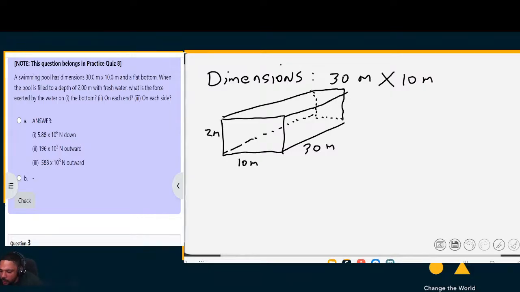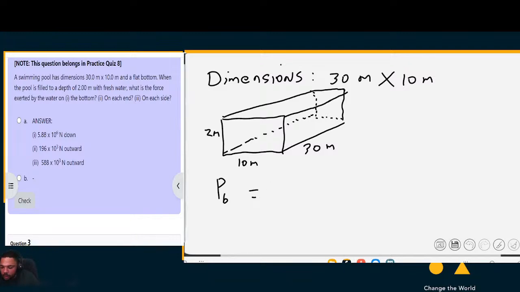So there's the pool filled with water up to 2 meters. We need to calculate first of all the pressure on the bottom, and then the force exerted by the water on the bottom. So let's calculate the pressure on the bottom. What's the pressure on the bottom? PB, pressure on the bottom.